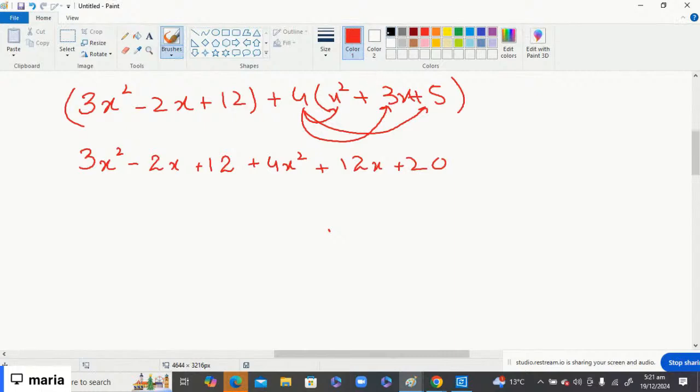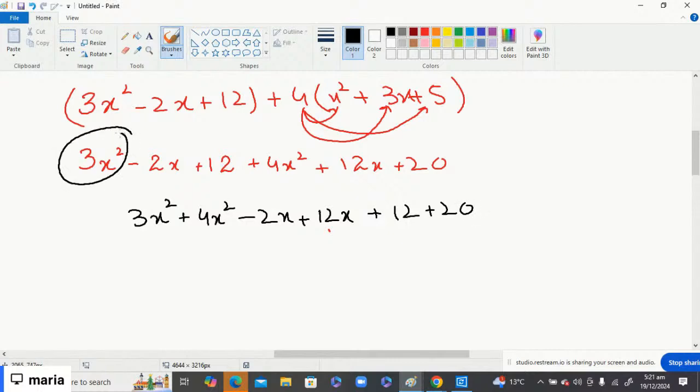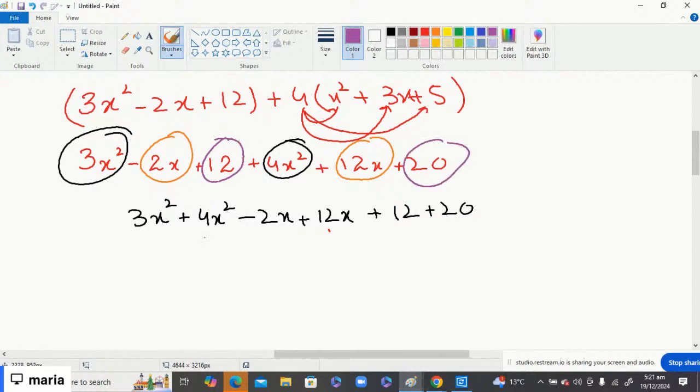Combine the square terms. 3x square plus 4x square, minus 2x plus 12x, plus 12 and plus 20. Okay, combining the 3x square with 4x square, the minus 2x with 12x, and the 12 with the 20, and the sign also put it down here.